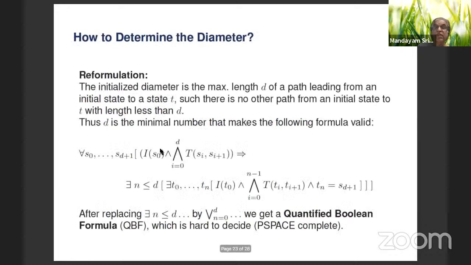That is the kind of search you will have to do. Even if you try to eliminate this, you will have to search in a nested way among all the states. Therefore, finding the initialized diameter is equivalent to solving this quantified Boolean formula, which is very hard.